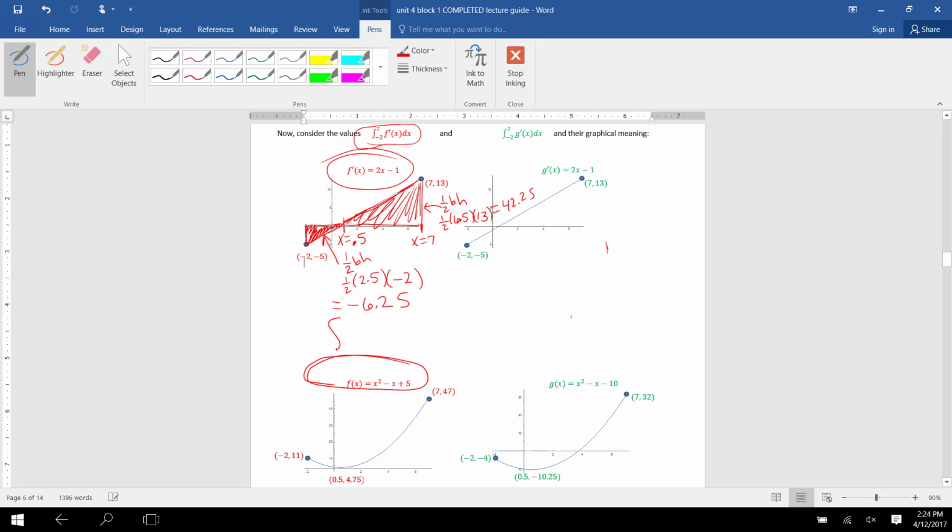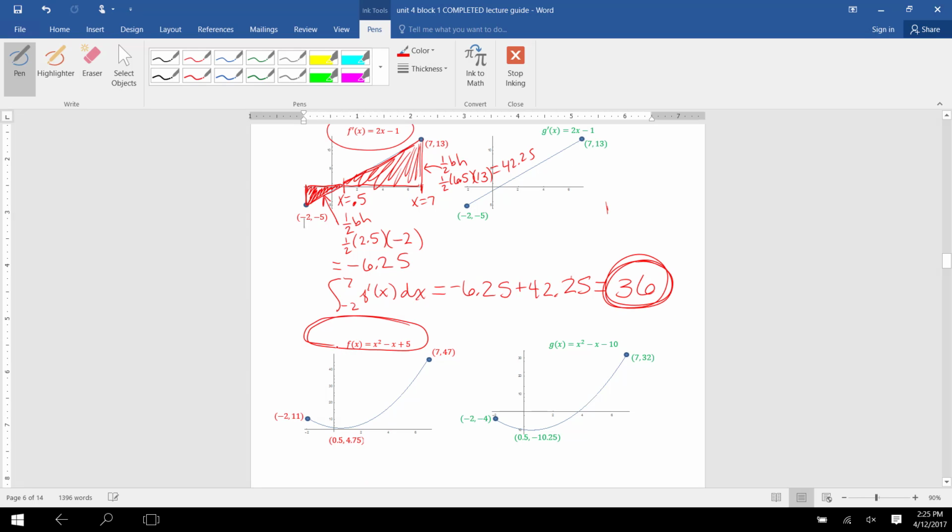Let me just write out now what I can conclude from this. The integral from -2 to 7 of f prime of x dx has a value of this first integral value over here, -6.25, plus this second calculated value, 42.25. So overall, the definite integral is 36.